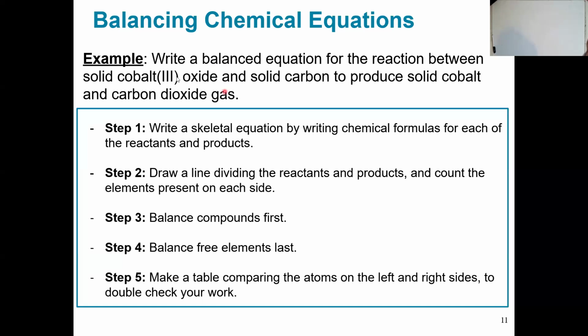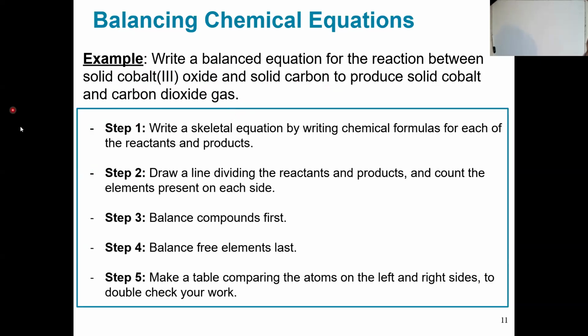We'll go through it by example, but we'll talk through these steps and then I'll show you how to use them. So we're going to look at this reaction here: write a balanced equation for the reaction between solid cobalt(III) oxide and solid carbon to produce solid cobalt and carbon dioxide gas.